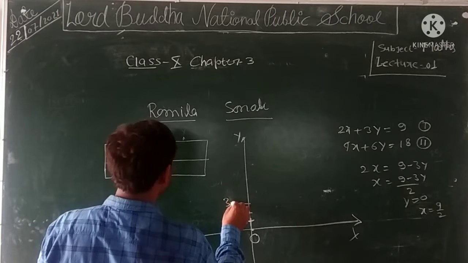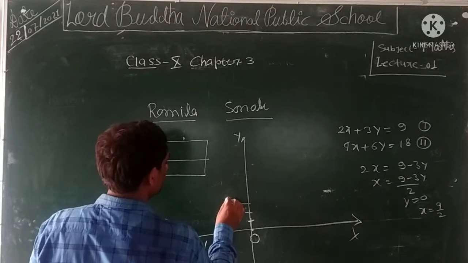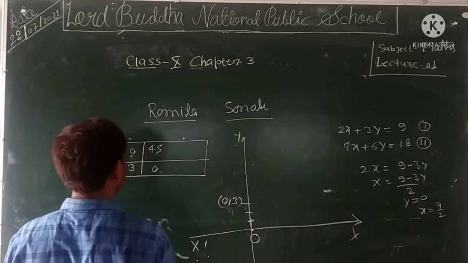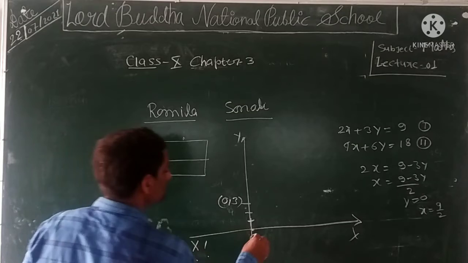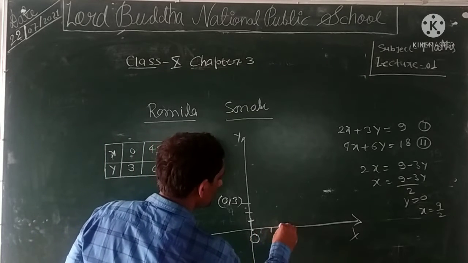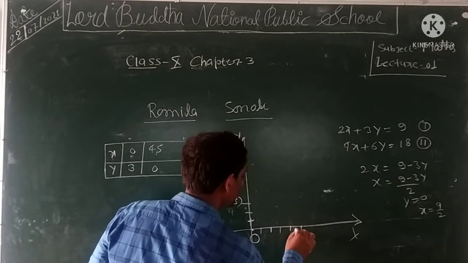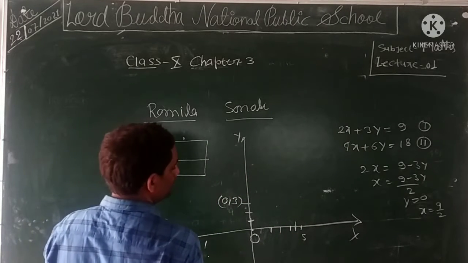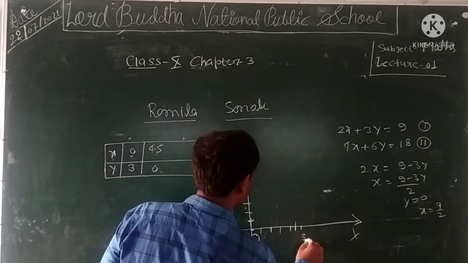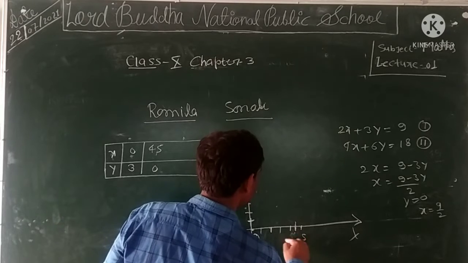This point will show here. Now the second is 4.5, meaning 1, 2, 3, 4 and a half. This is 5, and this is 4.5.